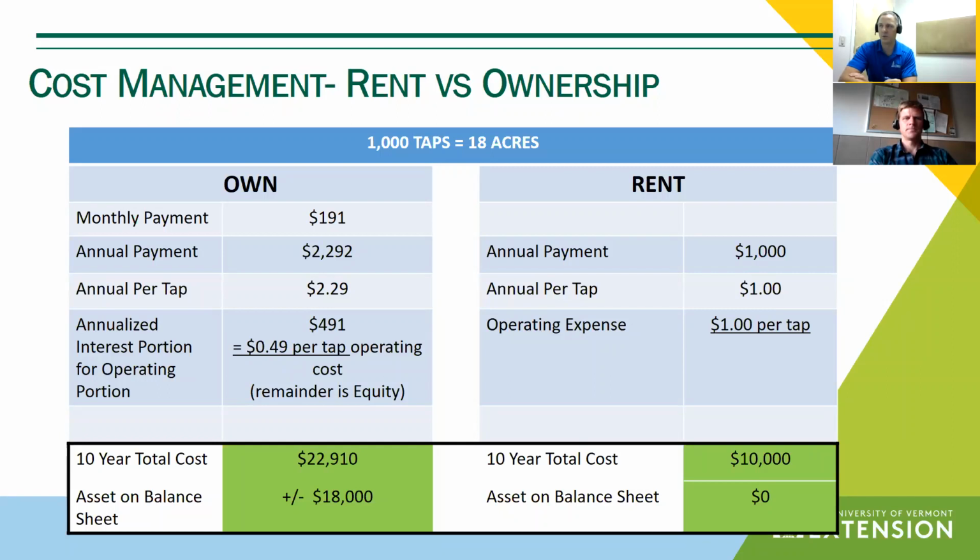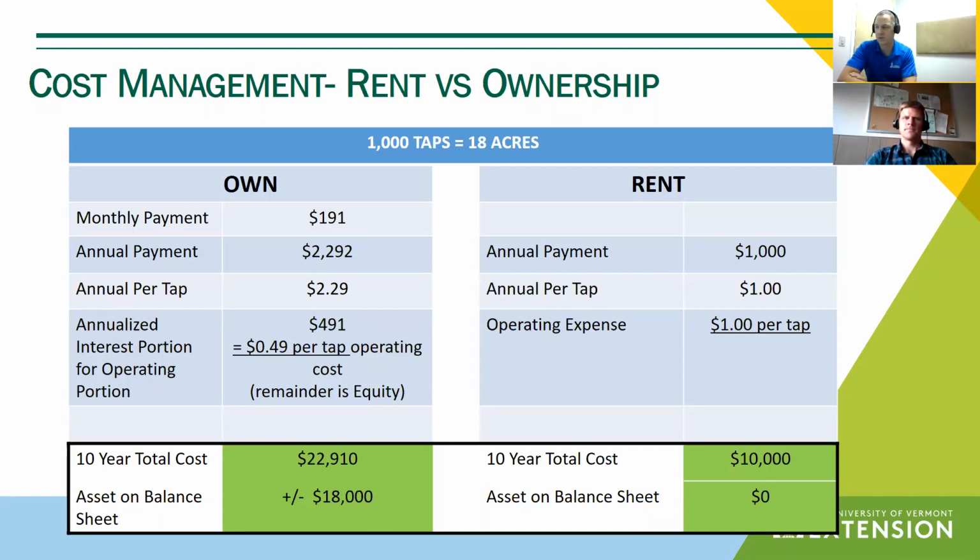in any case, ownership versus renting, it's often conversations about cash flow, access to cash, access to credit, and potential borrowing. If you were to own the land or sought to own the land, you'd be making 10 years of payments on a loan totaling $22,910. But you'd also be accruing a nice asset on your balance sheet.